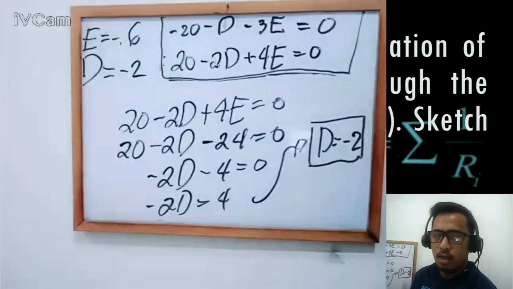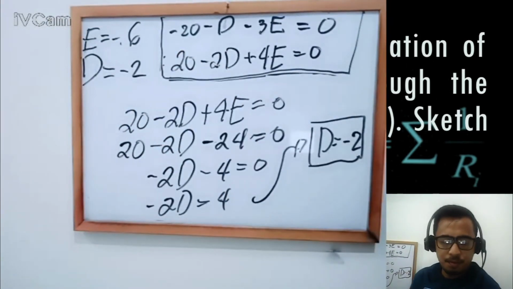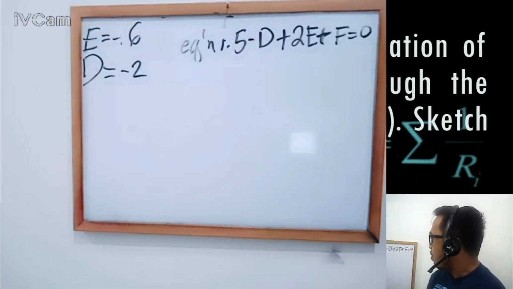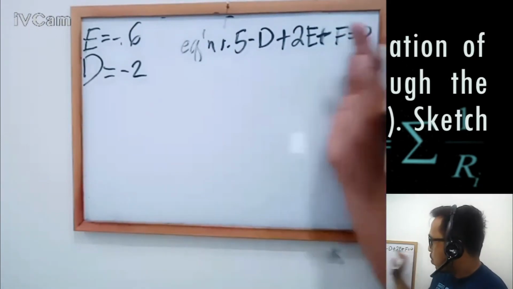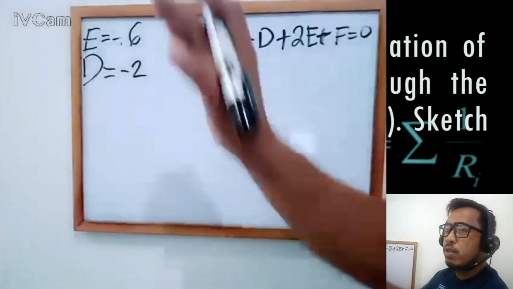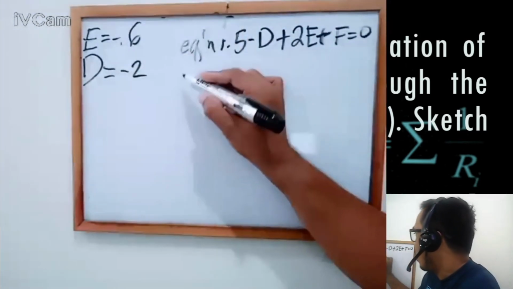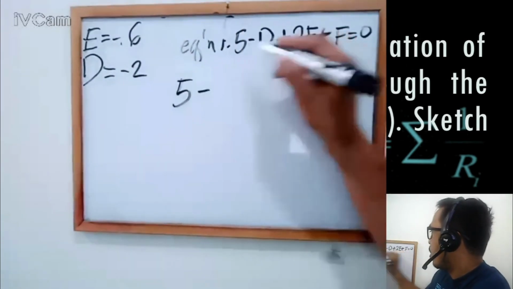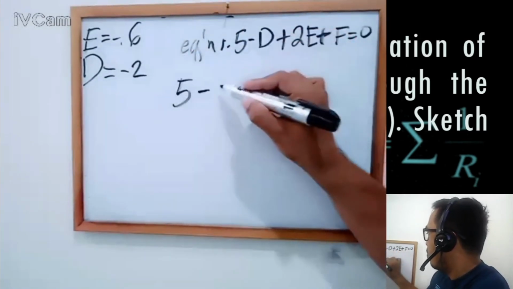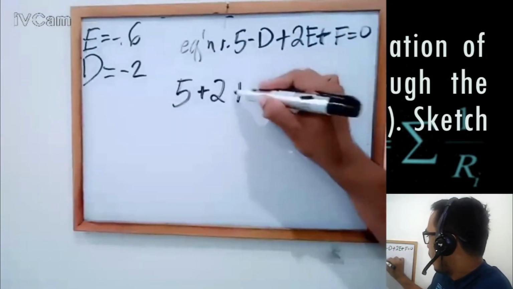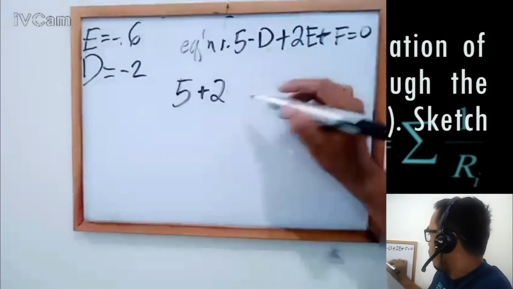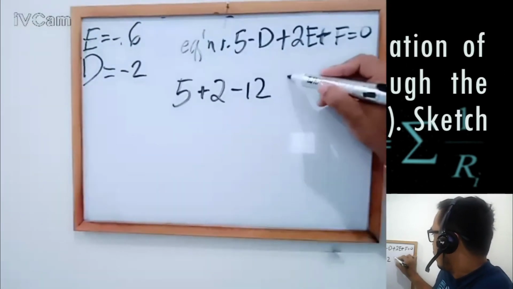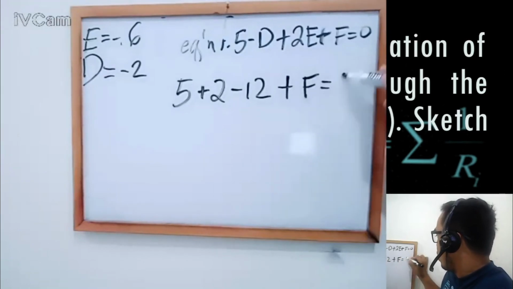We only have one left, which is f. In finding the value of f, we may use equation 1, 2, or 3. Here I decided to use equation 1, so I will substitute the values of e and d. We now have 5 plus 2d, where d is negative 2, so minus 4, plus e, negative 6, plus f equal to 0.